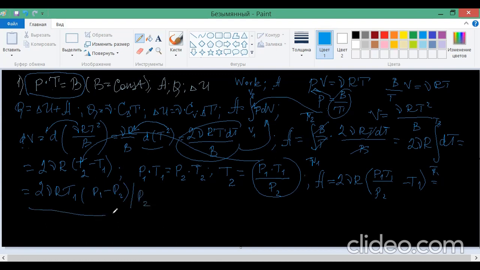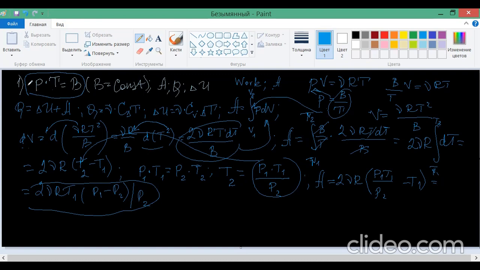This is the final formula, which enables us to calculate the work done by the ideal gas, which goes through some thermodynamical process, which is characterized with this equation.